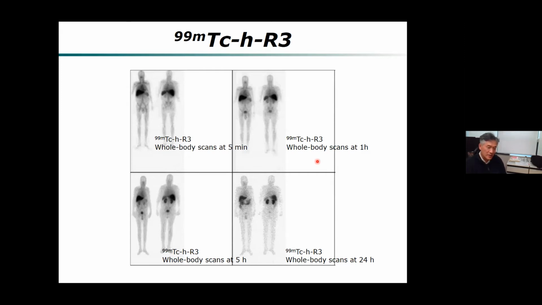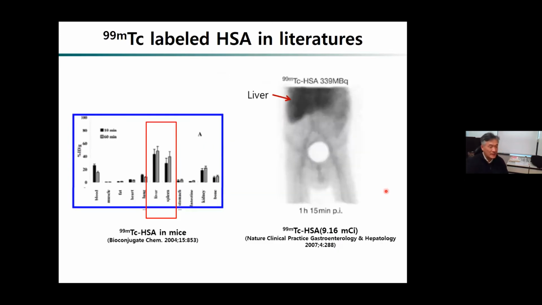Especially the reduced types of IgG can be degraded in the liver. So that's why high liver uptake was shown in these images.